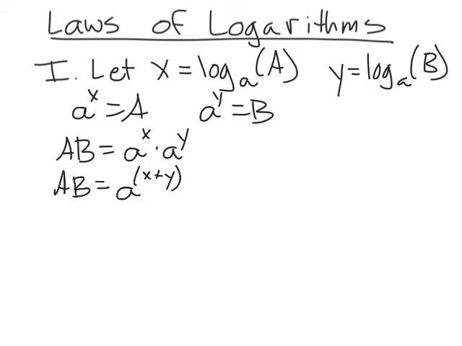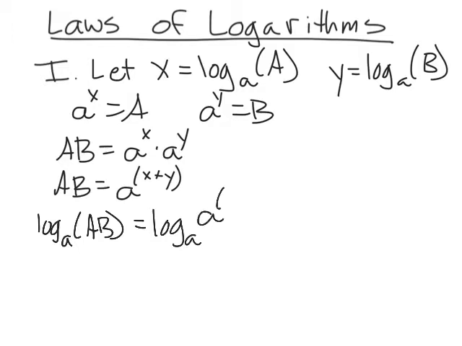Now, what I want to do is bring the log properties into this. So I can take the logarithm of both sides, and what I'm going to do is take the log to the base a of both sides. So log to the base a of A times B, that's going to be equal to log to the base a of a to the x plus y.